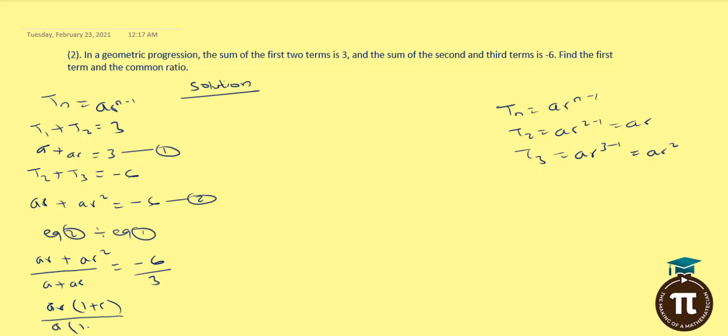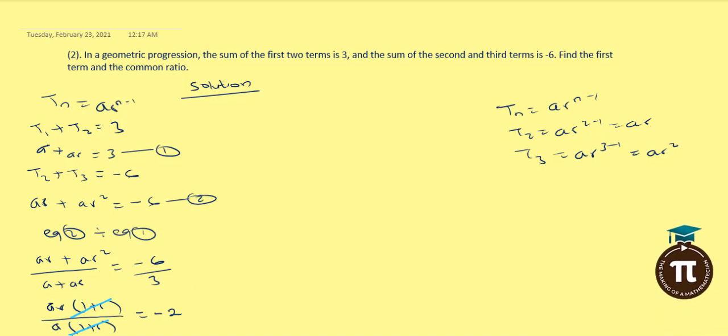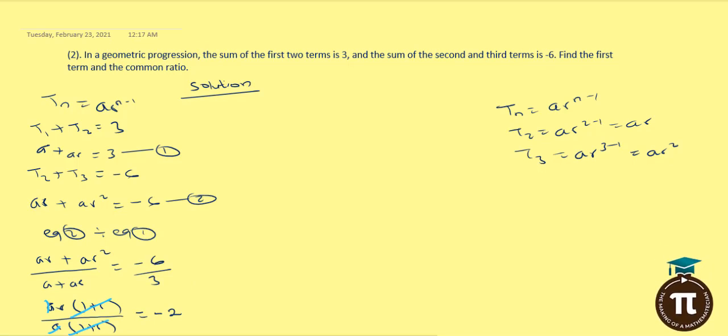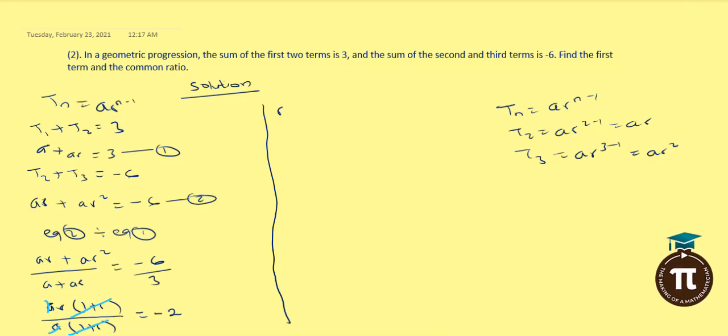You'll be left with 1 plus r, and this will be equal to minus 6 divided by 3, which will give me negative 2, obviously. So now you will see that 1 plus r cancels 1 plus r, a cancels a. So that means here I will just be left with r. So at the end of the day, r is equal to negative 2.